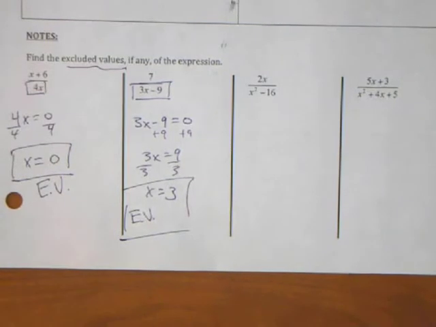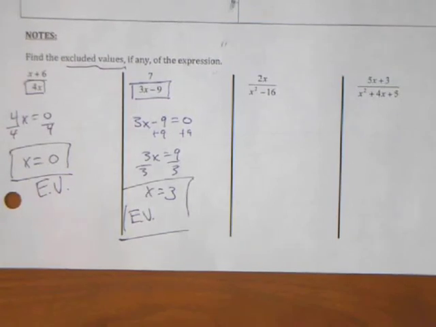What about the 7 on top? Can the numerator, the top, ever make the bottom 0? No. My answer is, the 7 will never make the bottom 0. You can put any number on top and it will never make the bottom 0.